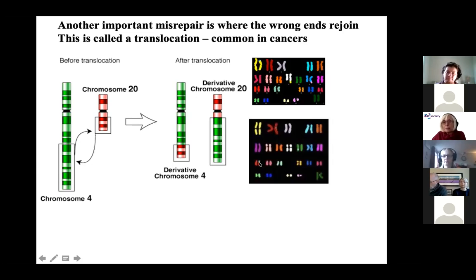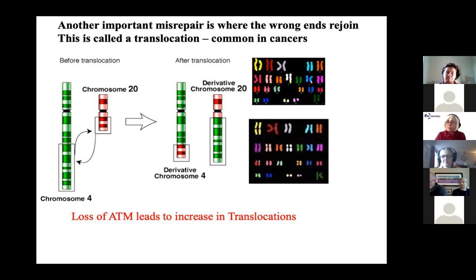In this example, we've got a little bit of blue there, though it's not so obvious where that blue has actually come from. These translocation events, very often they're lethal, particularly if you lose genetic material. But in these examples, they can be viable, and they're very important events that happen during cancer.